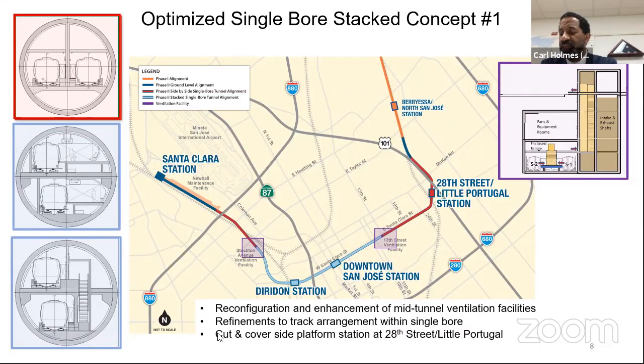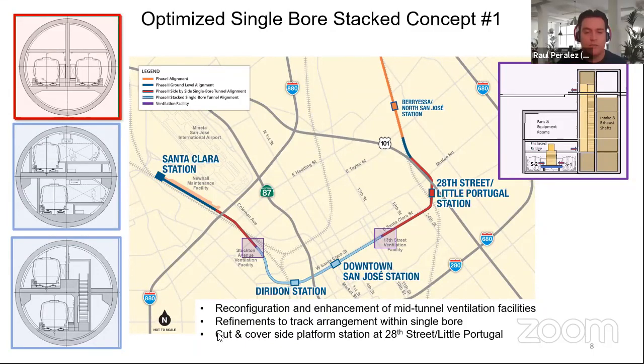But yes, and to echo Nuria's comments, the reduction of the ramps was key, as Takis mentioned, but also the utilization of the emergency stations for enhancing the emergency egress, not only for riders, but also for first responders.